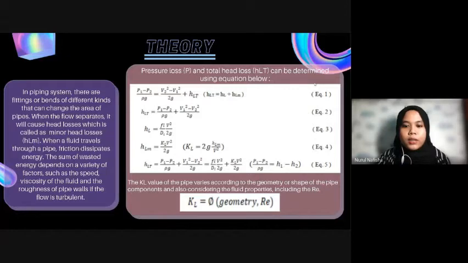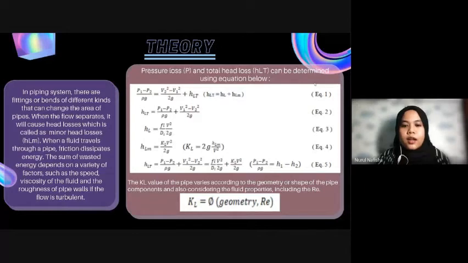Major head loss is calculated using equation 3, which is the coefficient of the pipe friction times the length of pipe times the speed of flowing medium for the tested pipe divided by the internal diameter of pipe times 2g. Next, the minor head loss is calculated using equation 4, where loss coefficient times speed squared divided by 2g, and KL can be calculated using the equation as shown in the slide.